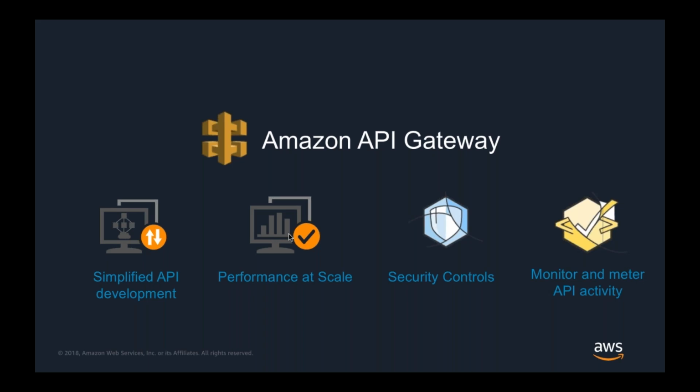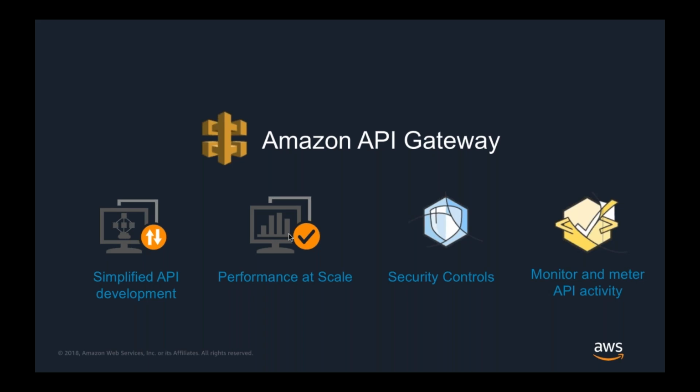Some of the things it's going to handle on your behalf are processing of concurrent API calls, traffic management, making sure your users are authorized and have appropriate access control in place, keeping an eye on the monitoring of the calls, and doing things like version management. Version management in API Gateway is extremely powerful, because it lets you simultaneously run multiple versions of the same API so that you can quickly iterate, test, and release new versions of an API.